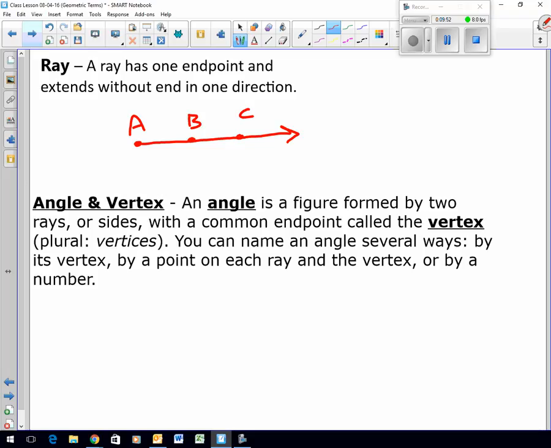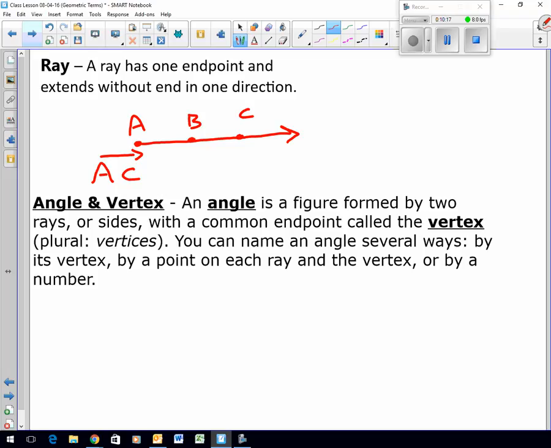All right? You symbolize a ray like this. AC with one arrow. Yes, the arrow has to go in the direction that extends forever. Okay? So I could not symbolize this the other way around. I couldn't put an arrow right here and a line, without an arrow on the other side. Got me?